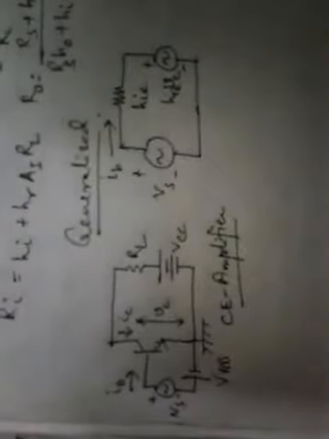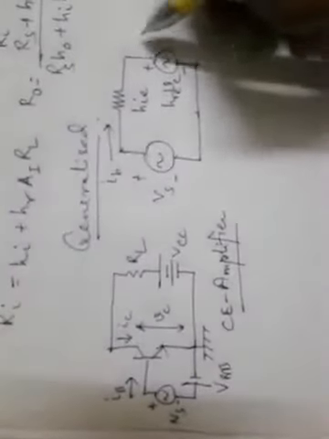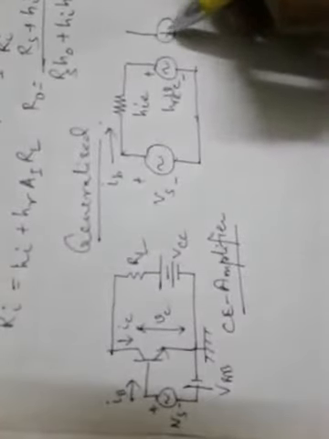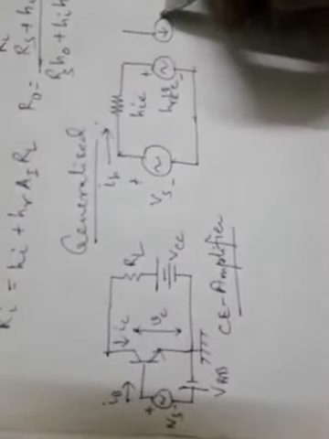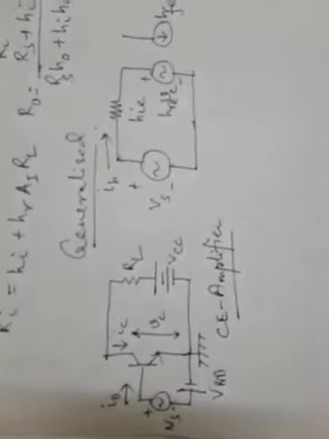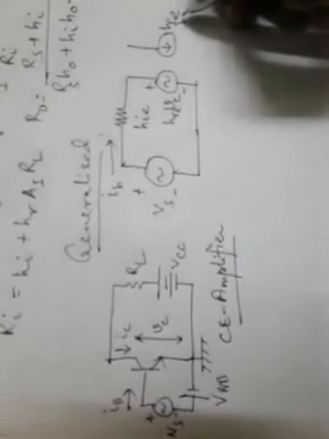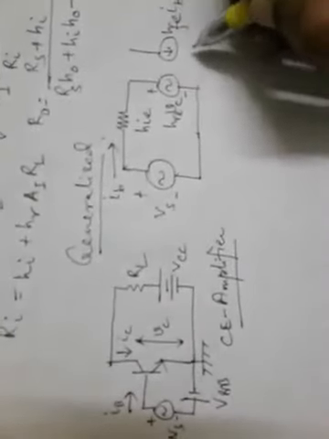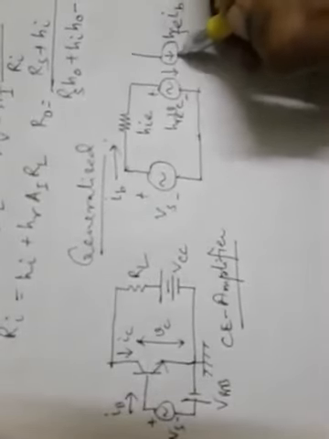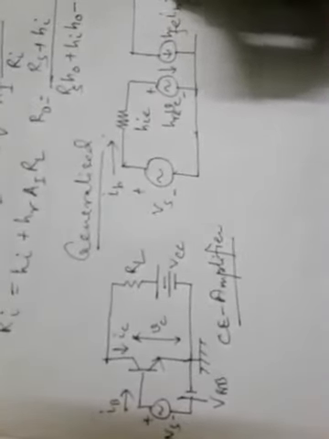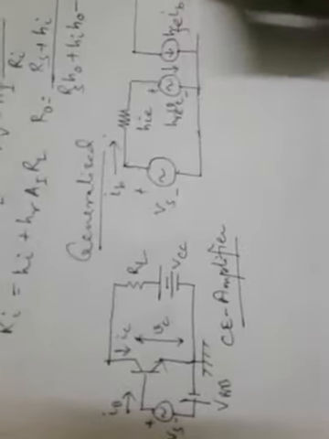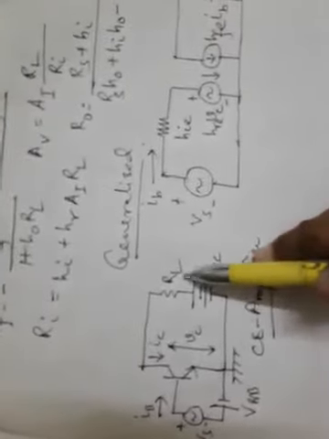Now we need to draw the output side. First there will be a current source like this, and the value of this current source will be HFE into I1. And what is I1? I1 is the input current, which is IB. So it is nothing but HFE IB, and the current direction is downward. This will be in parallel with the output admittance, which is HOE, and with that HOE another parallel resistance will be there, that is the load RL.